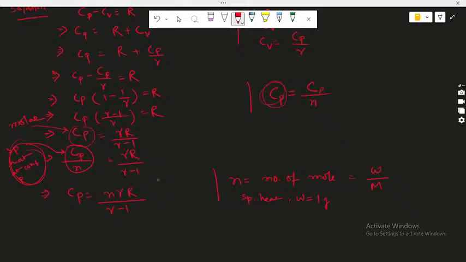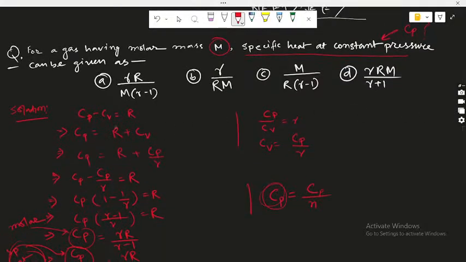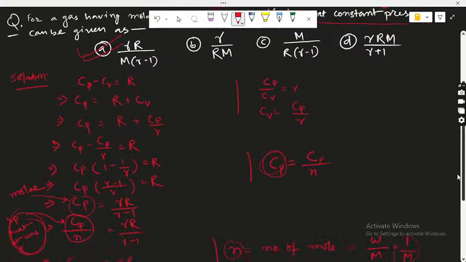So in place of W we put 1, so N will be 1 by M. So it will ultimately be gamma R divided by M gamma minus 1. So our answer will be option A. So this is how you solve.